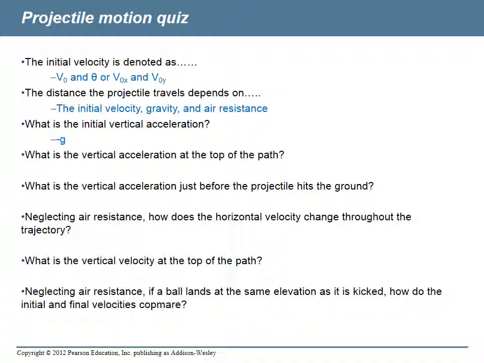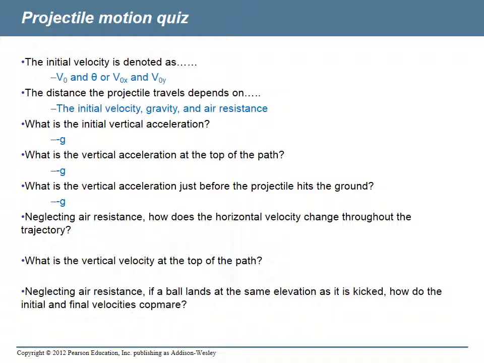What's the vertical acceleration at the top of the path? Well, acceleration is the same everywhere, so that is also negative g. What's the vertical acceleration just before it hits the ground? After it hits the ground, we have an entirely different problem, but just before it hits the ground? Again, negative g, because the vertical acceleration is constant everywhere. It's always negative g.